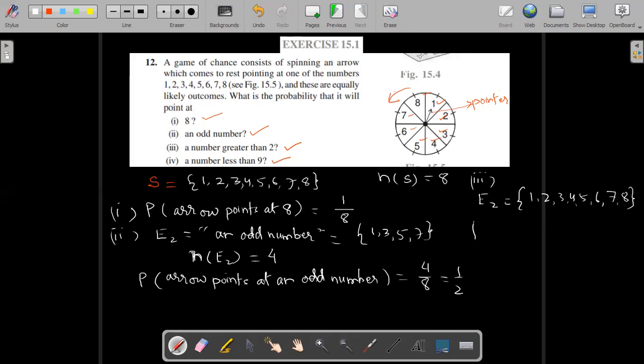So probability that the arrow points towards a number less than 9 is equal to 8 upon 8, which is equal to 1. So 100%. Any number less than 9, anyone will come. So the probability is 100% of getting that number.